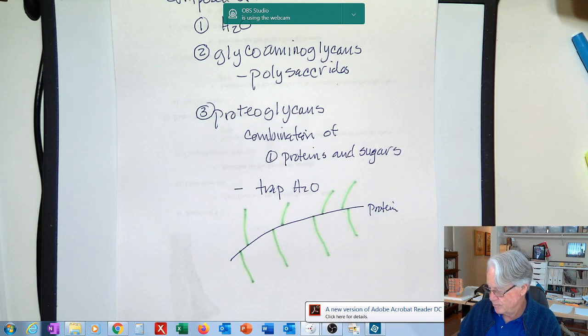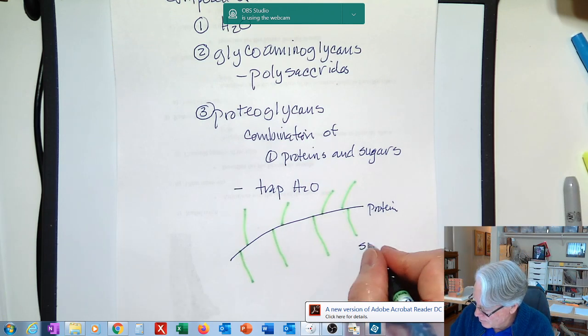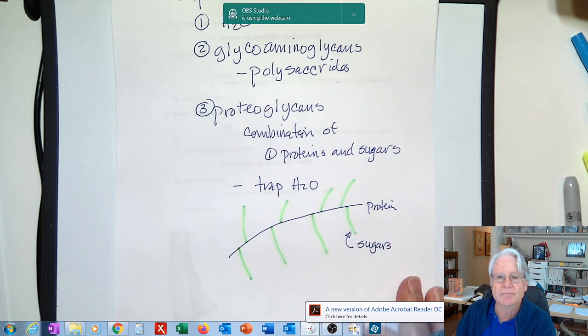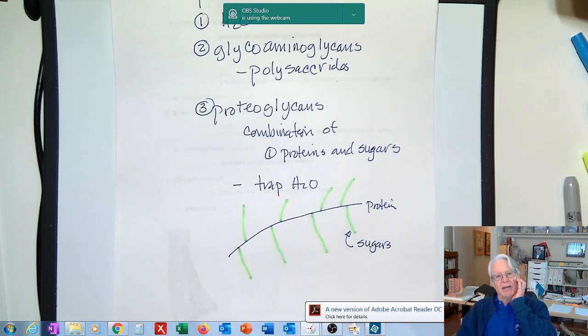So we get these sugars here. So proteoglycans are a combination of protein and sugars hooked together, kind of this twig appearance. And they're very good at trapping water in or within the connective tissue.